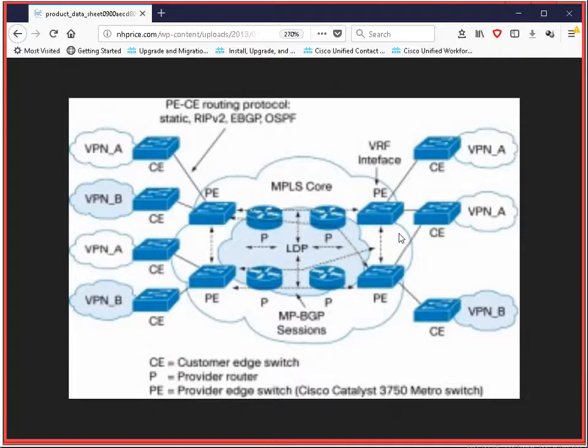It's just a protocol that the providers understand. Not to say that they don't understand OSPF, but BGP is a protocol that is supposed to technically interconnect external ASs, and that's what we're doing in this case. But I've seen MPLS implementations where they use EIGRP between the provider edge and the customer edge. Usually the provider is the one that's going to determine that, but it just depends on what the provider decides to do.